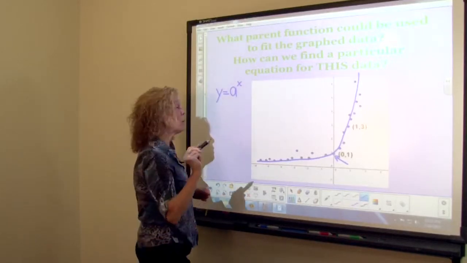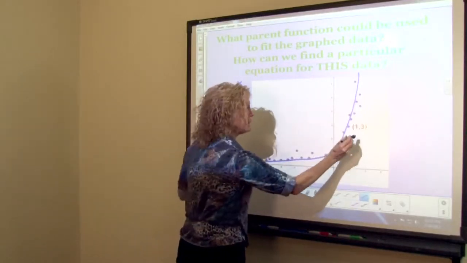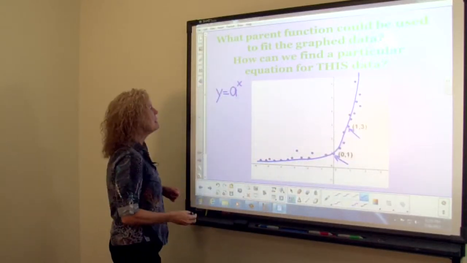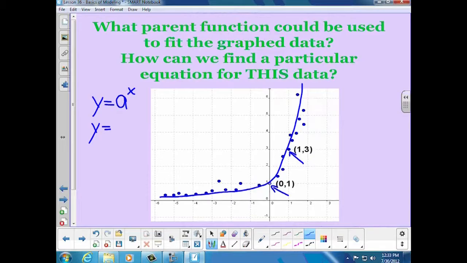And if I also want to pick as an important point to hit 1, 3, then I might say y is equal to 3 to the x. Because if I let x be 1, 3 to the first would give me that ordered pair.